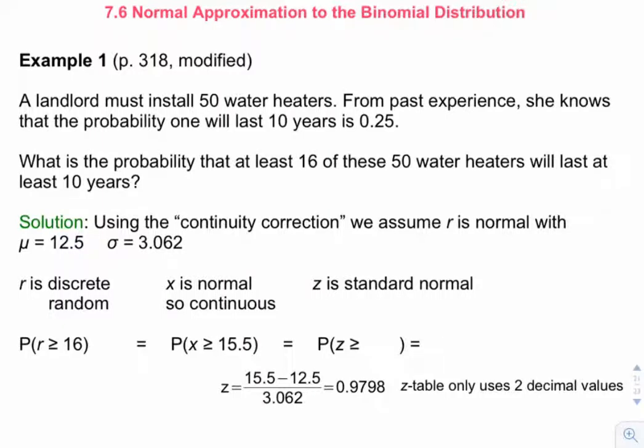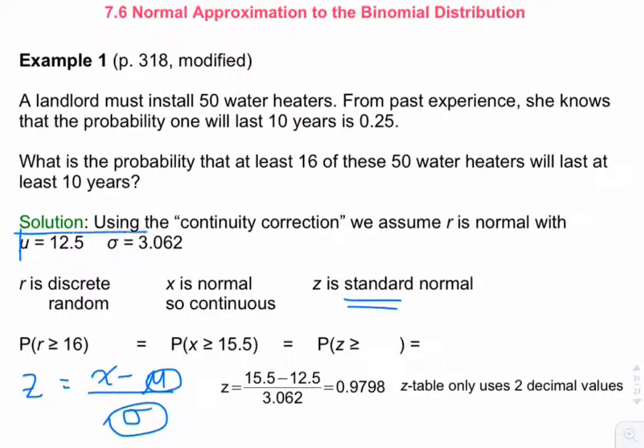And now Z. Now we're going from one normal to the standard normal variable. So Z, as before, is X minus mu divided by sigma. We are using mu and sigma from our binomial distribution. Here they are, mu and sigma.